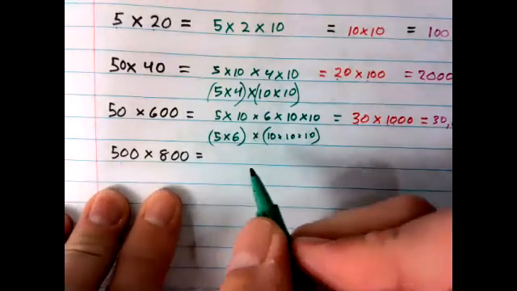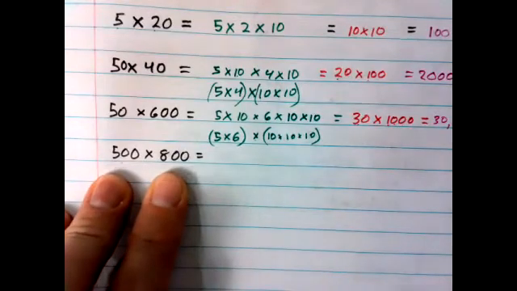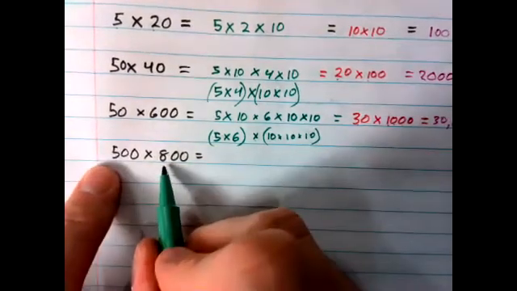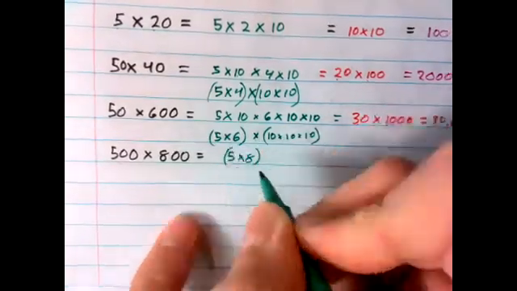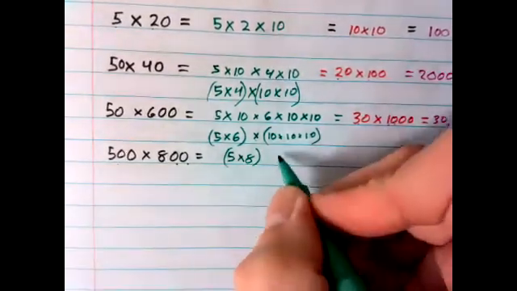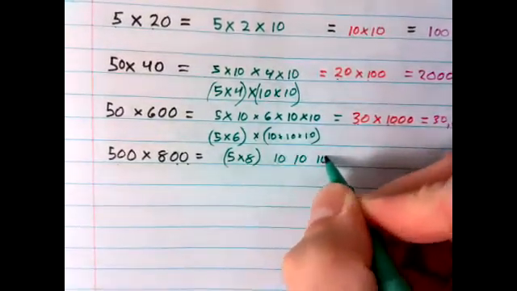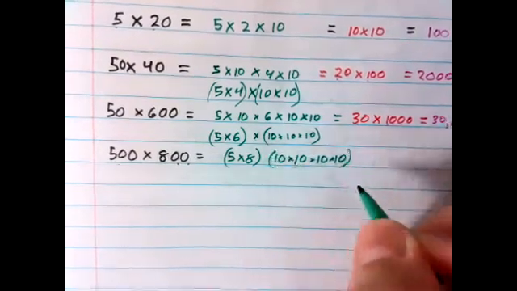Next one, 500 times 8. Let's take a shortcut here. I know my only 2 digits are 5 and 8. 5 times 8. I have 1, 2, 3, 4 10s. I can group those together.